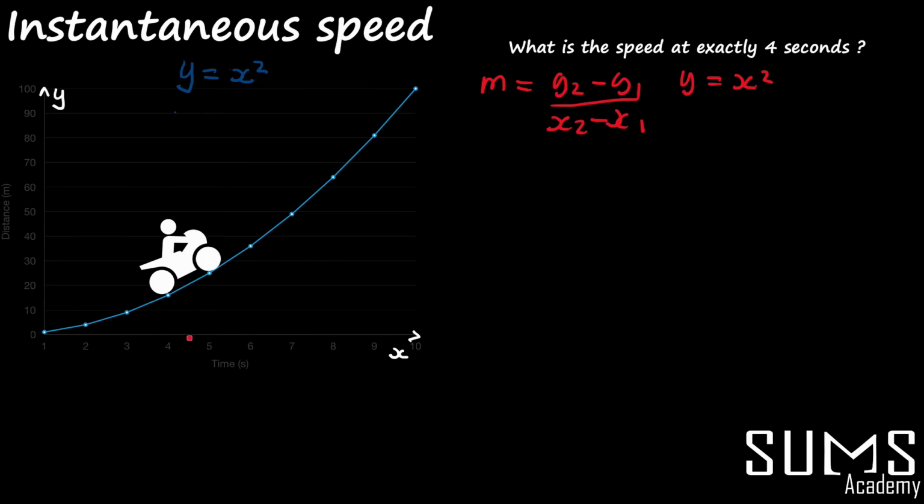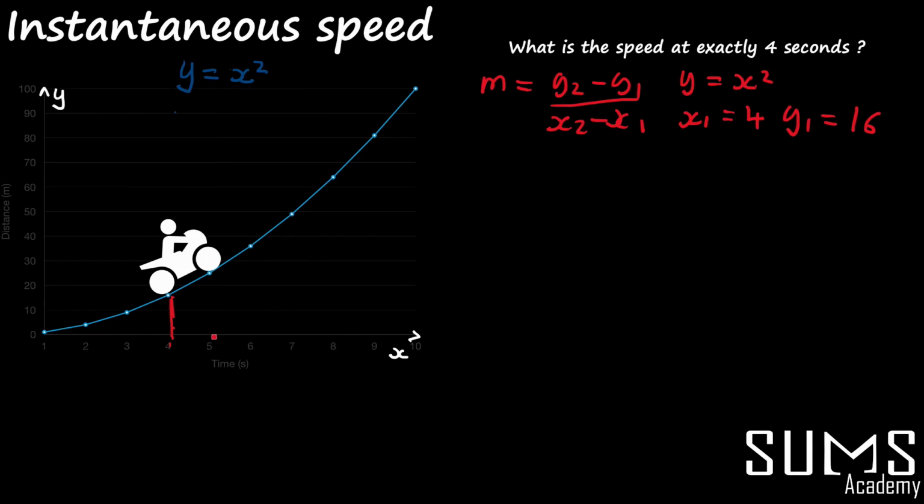So we'll take our first point at 4, so x1 equals 4 and y1 equals the square of 4, so that is 16. Then we'll start off with our y2.